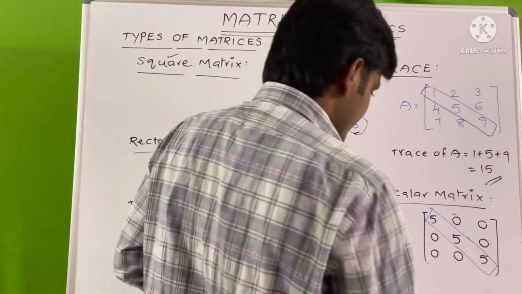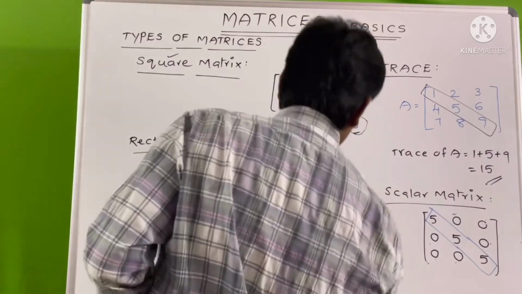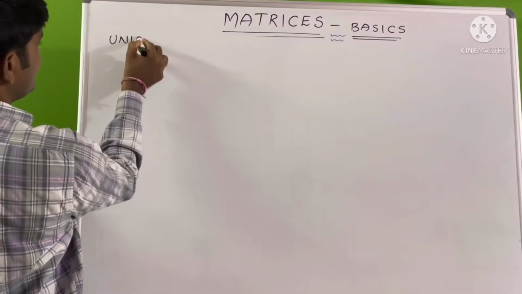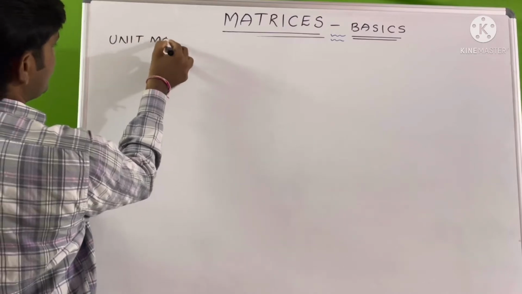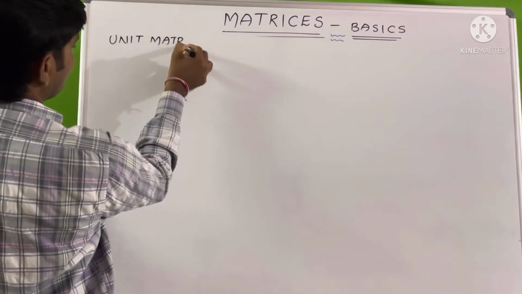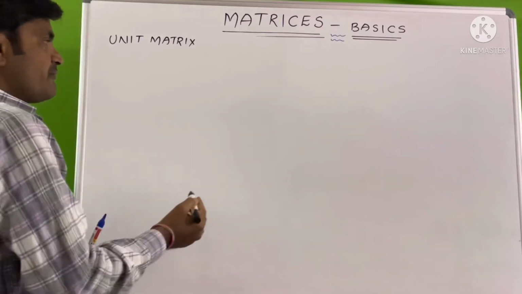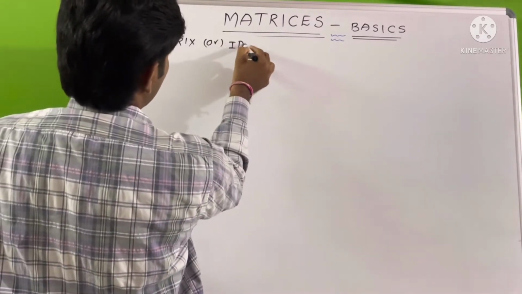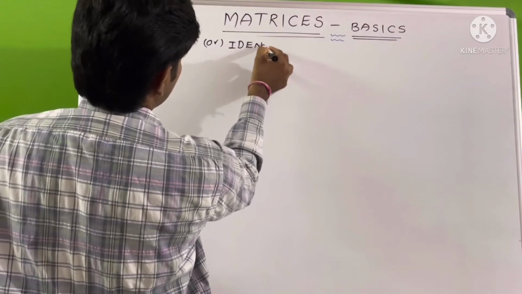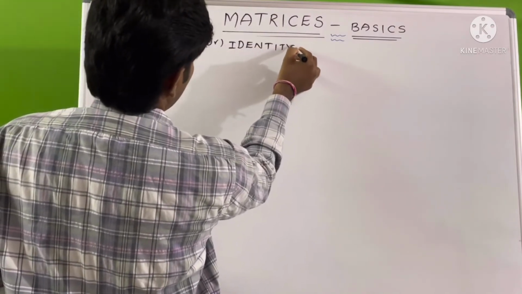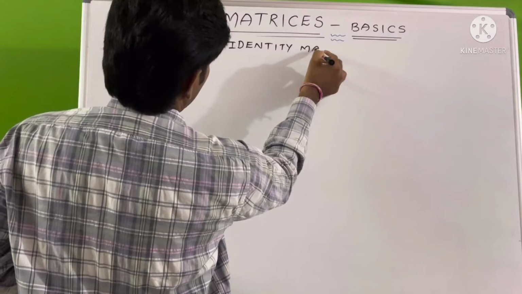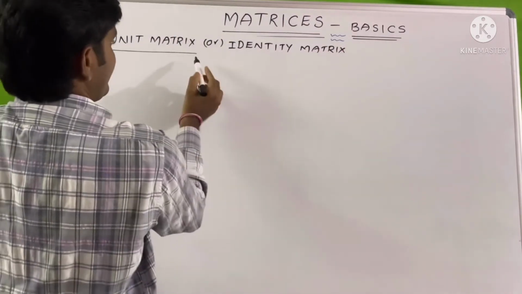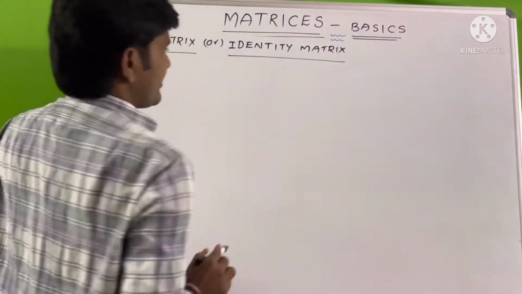Okay, and the next definition is unit matrix, or identity matrix.